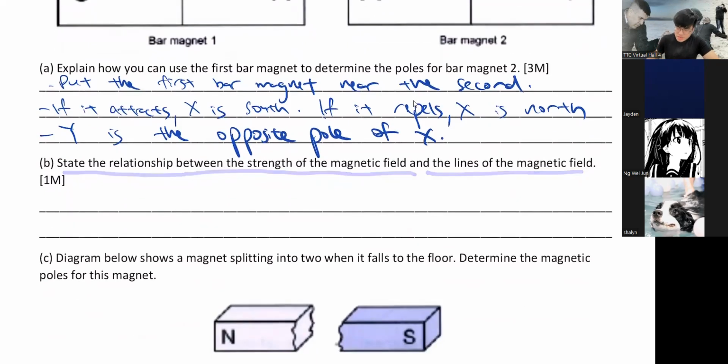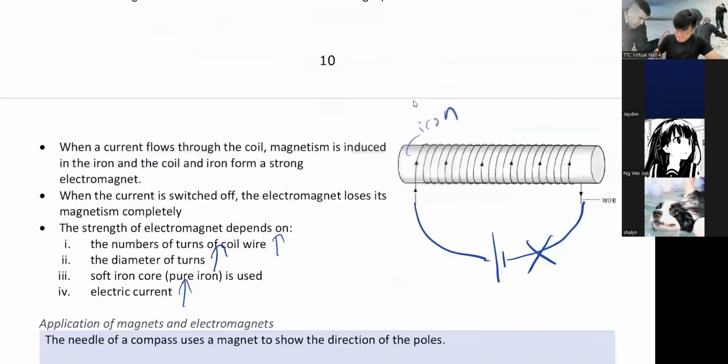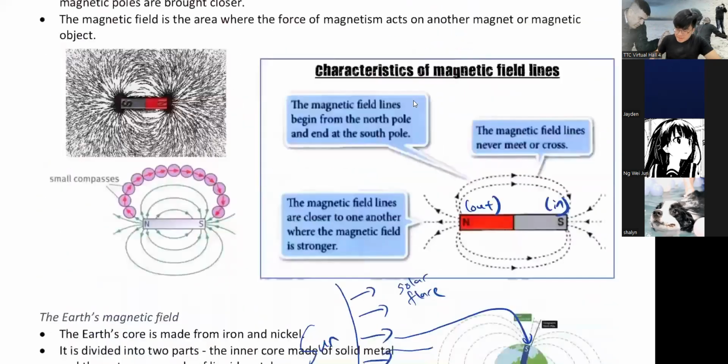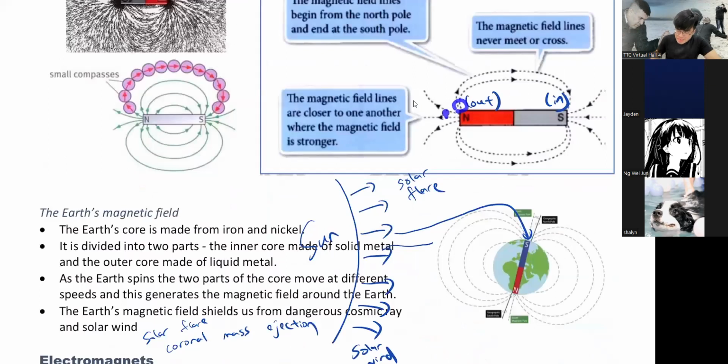So B, state the relationship between the strength of the magnetic field and the lines of the magnetic field. I mentioned this last week. The stronger the magnetic field, the closer the lines. As we mentioned here, you see these lines, right? The lines here are very close. At the north pole here, the lines are very close, so they are very, very strong.